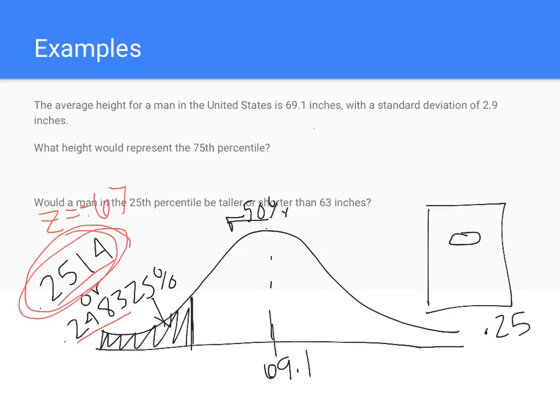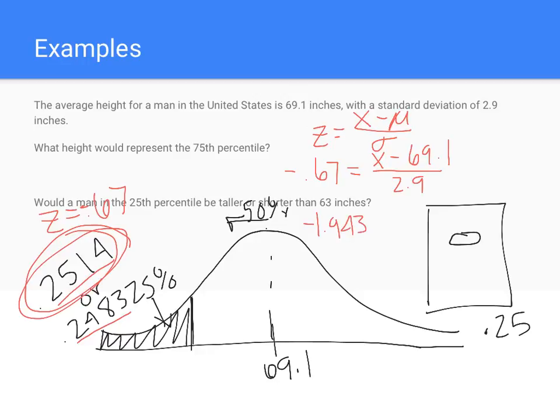So, again, using our equation, I get negative 0.67 equals x minus 69.1 all over 2.9. Okay, and so just like before, I take 2.9 times 0.67, and I get negative 1.943 equals x minus 69.1, and then add that to the other side.